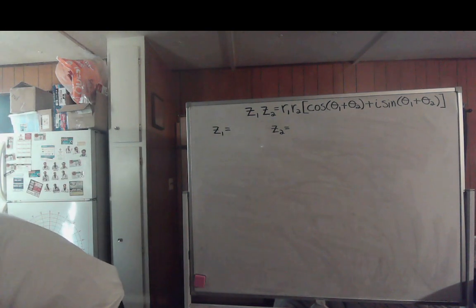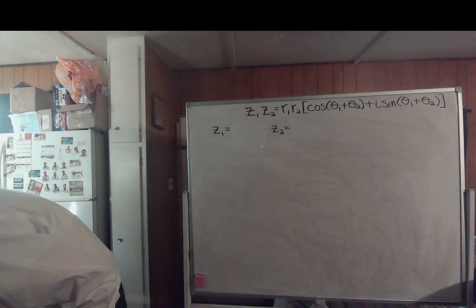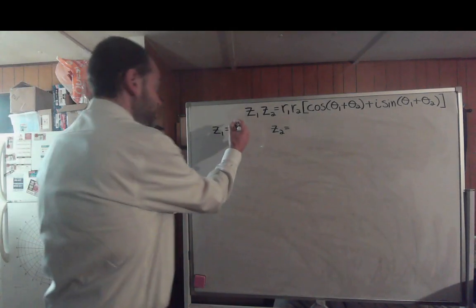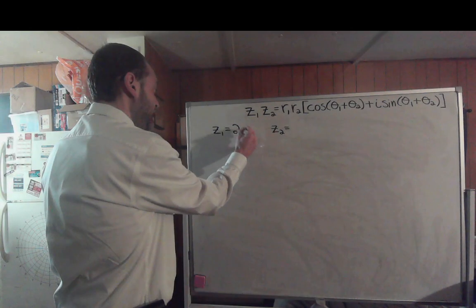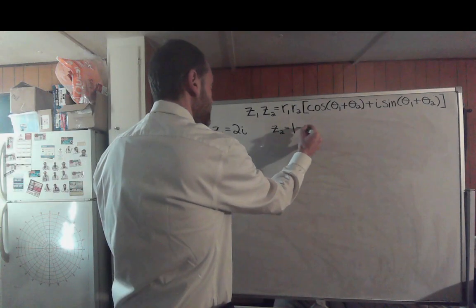Alright, so let's do z sub 1 equals 2i, z sub 2 equals 1 minus i.